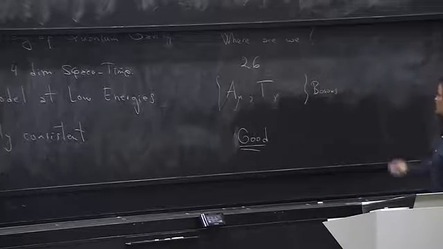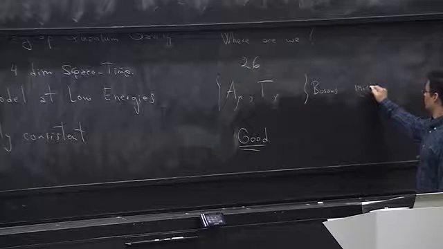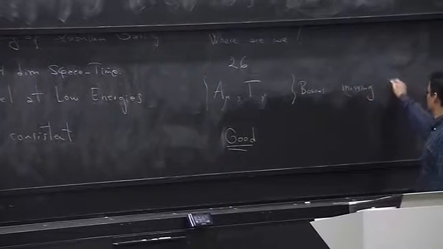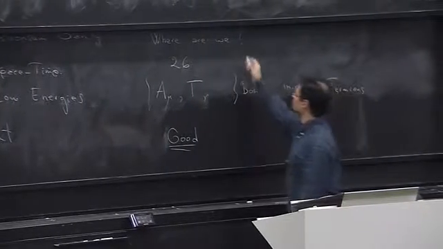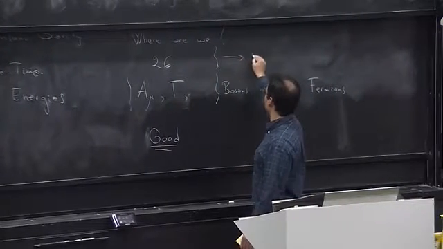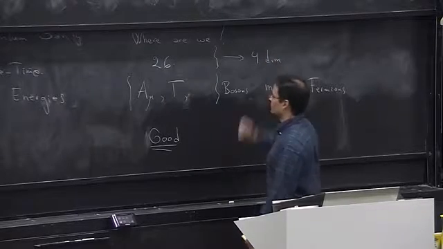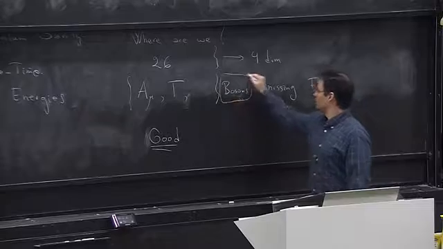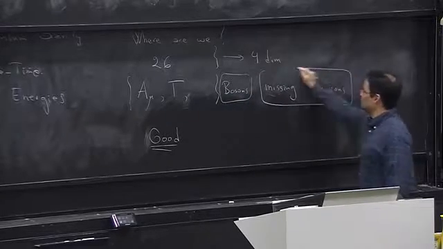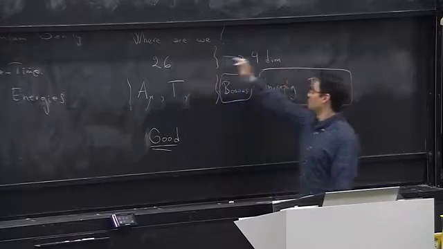Okay? So we are missing fermions. So we have bosons, we're still missing fermions, and somehow we have to find a way to go from 26 to 4 dimensions.